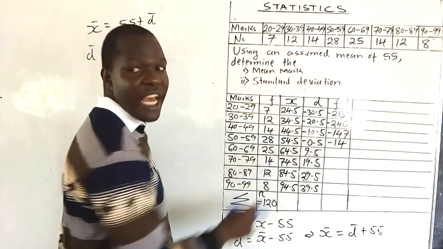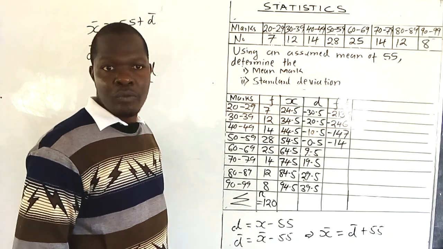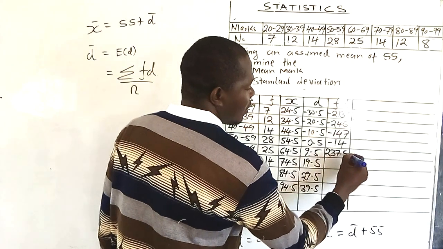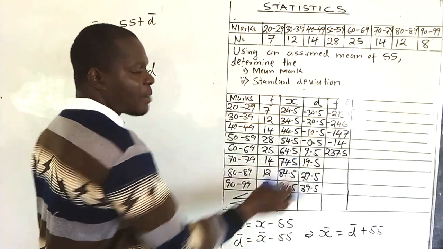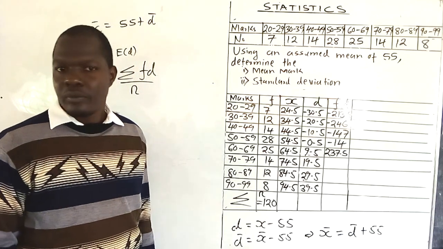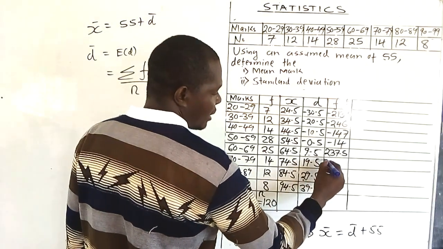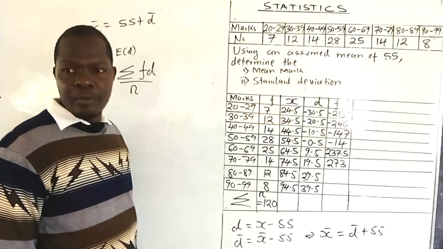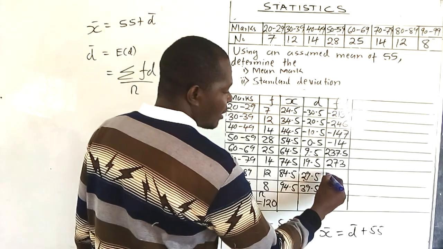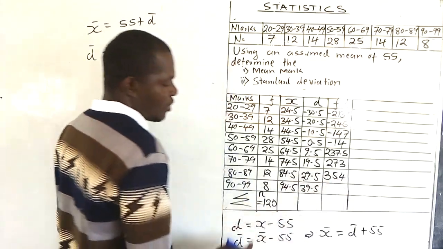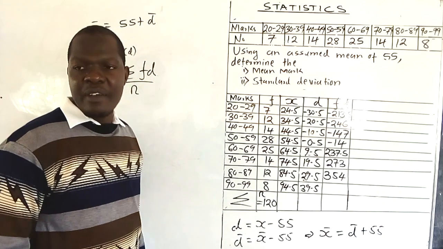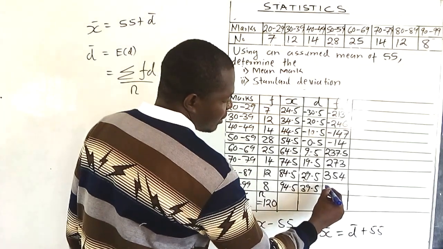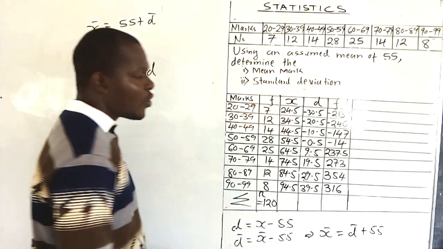Then 25 times 9.5, 237.5, isn't it? Then 14 times 19.5, 273. Then 12 times 29.5, 354. Then 8 times 39.5, 316. You are done, isn't it?